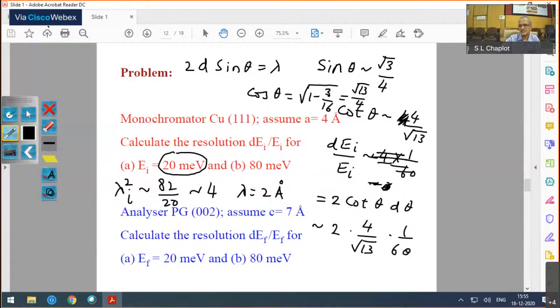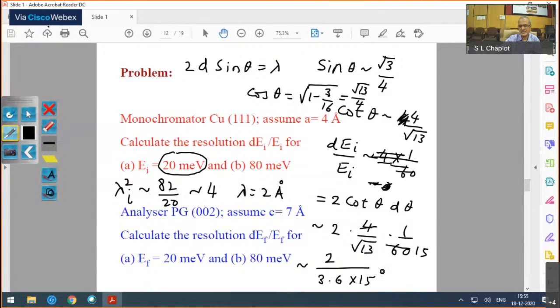So that roughly will be, divided by root of 13, which is about 3.6, times 15.